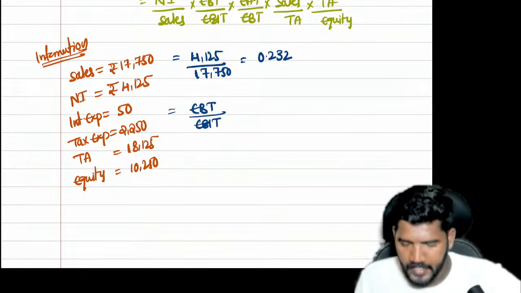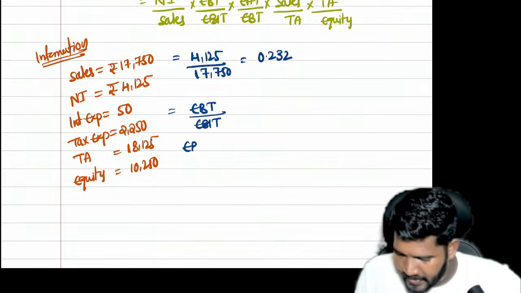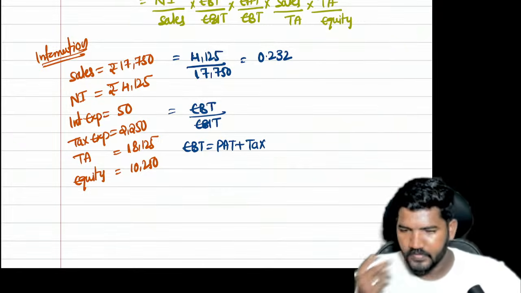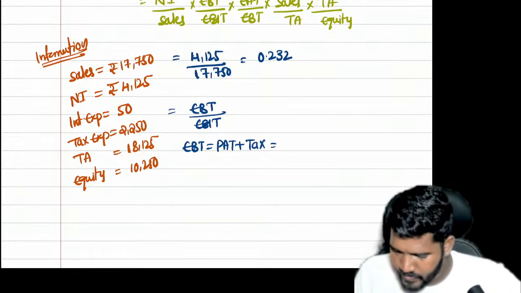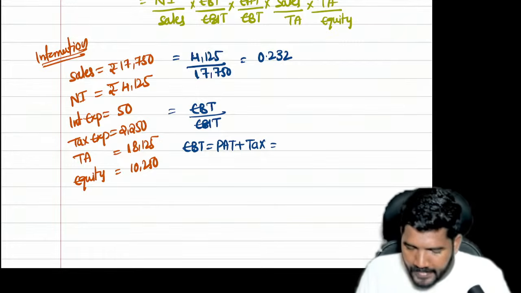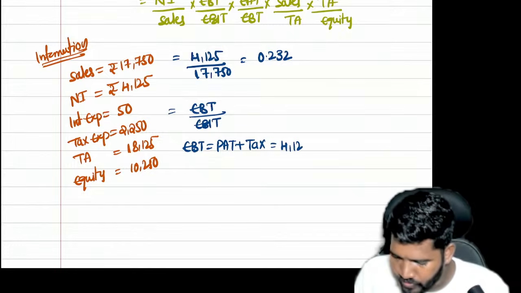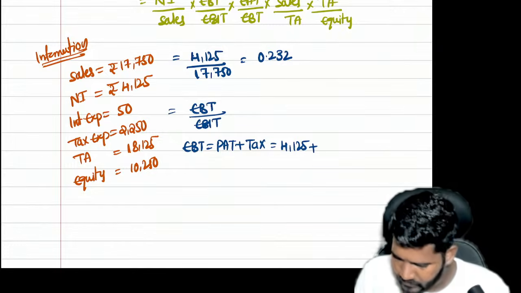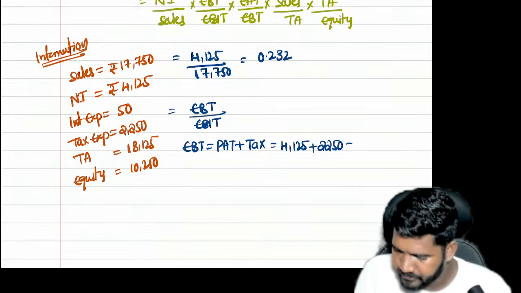Next calculation, EBT divided by EBIT. EBT equals PAT plus tax. What's the PAT? PAT is nothing but net income. 4,125 plus tax 2,250.